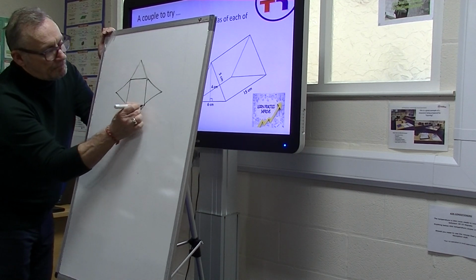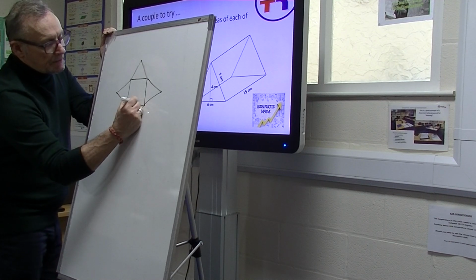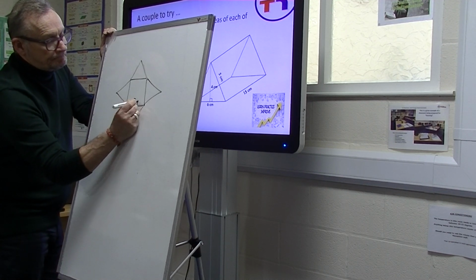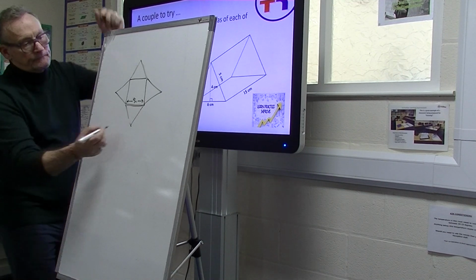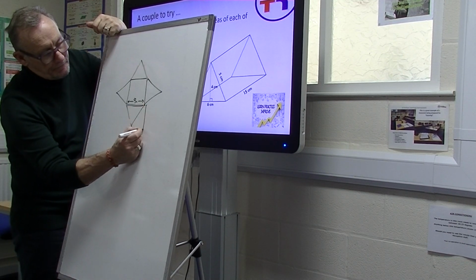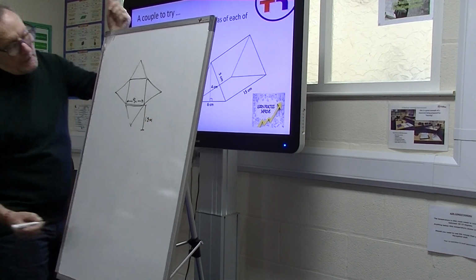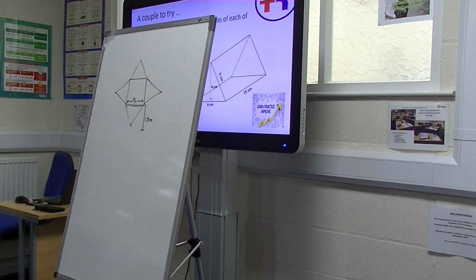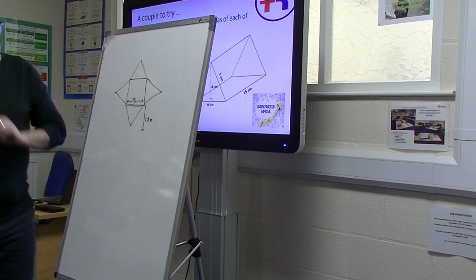This measurement here is 9 meters, and this measurement is 13 meters. Okay? So the question is, what's the surface area of that shape? Well, what's the shape made up of?